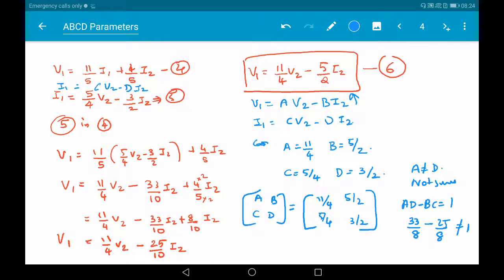Therefore we can say that the given network is not symmetric and it is also not reciprocal, neither symmetric nor reciprocal എന്ന് പറയും.